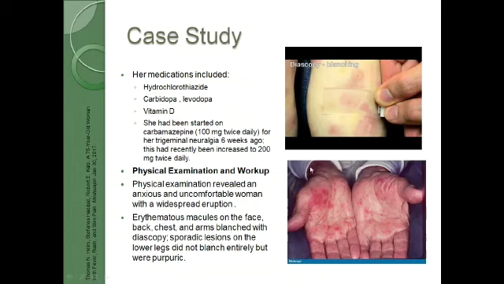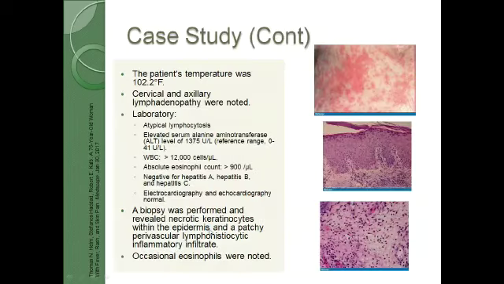When tested with diascopy, you see the blanching, and sporadic lesions on the lower legs, which did not blanch entirely but were purpuric. And cervical and axillary lymphadenopathy, and the lab findings. And biopsy is also taken, and they detected eosinophilia.